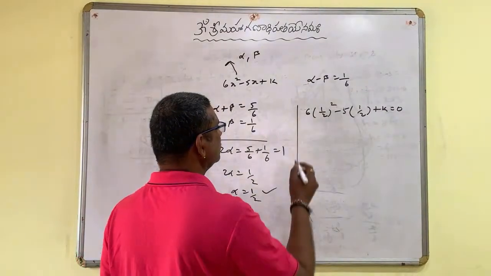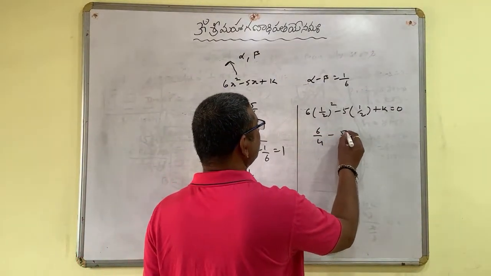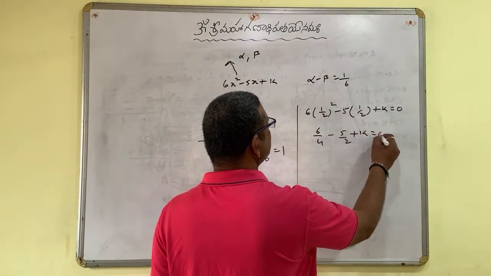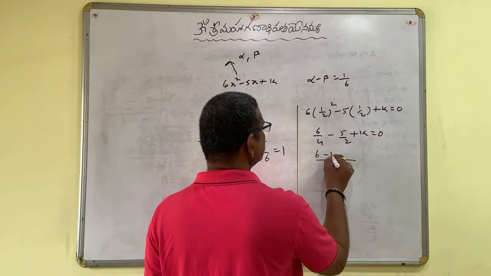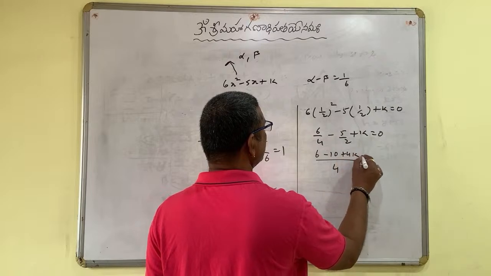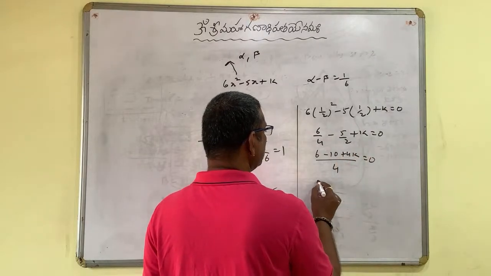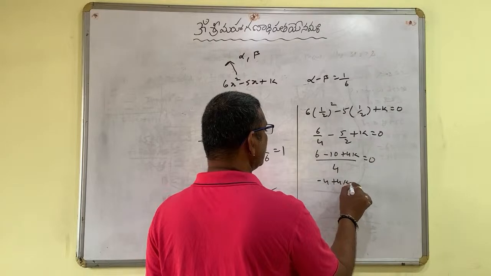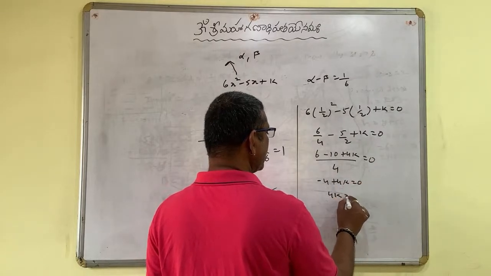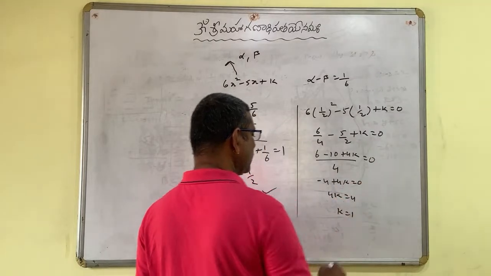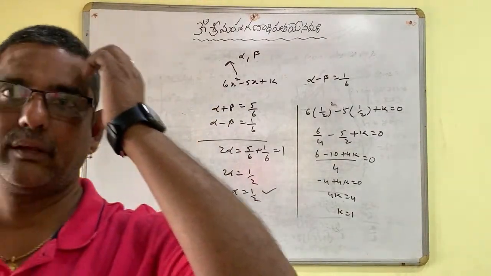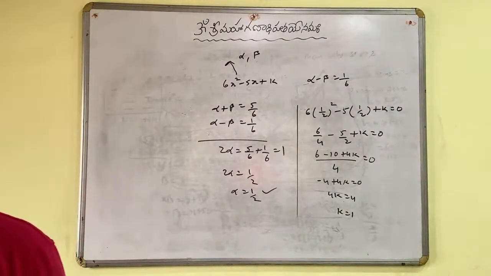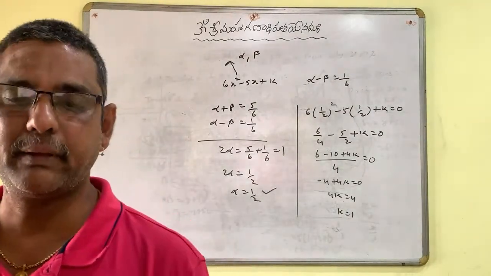6 by 4 minus 5 by 2 plus k is equal to 0. 4 LCM: 6 minus 10 plus 4k. Minus 4 plus 4k is 0. 4k is 4. K is 1. K value is 1. Can anyone say what is beta?